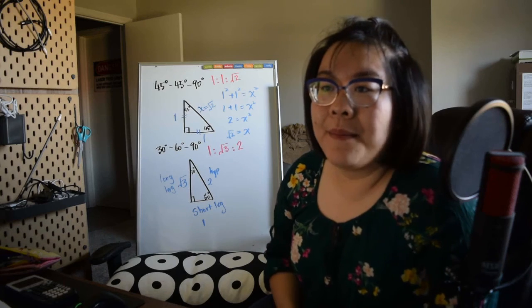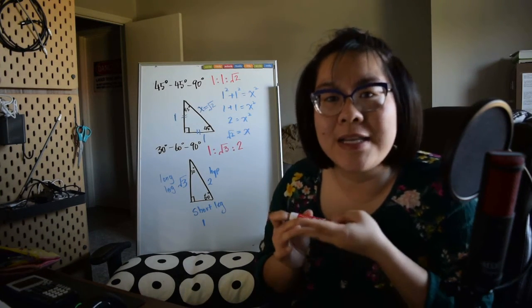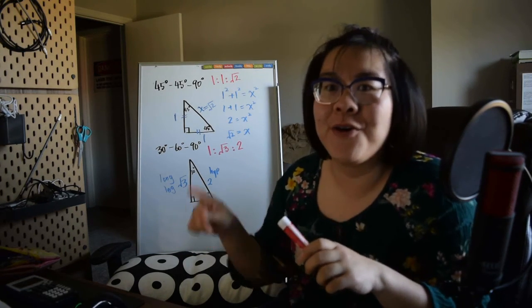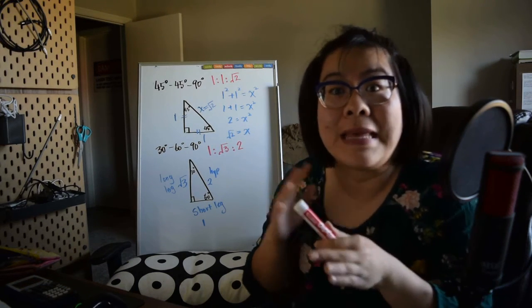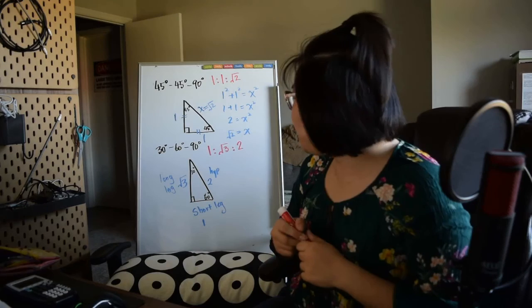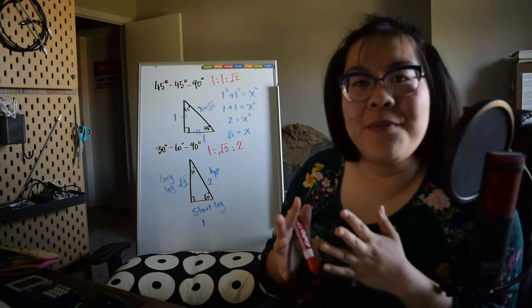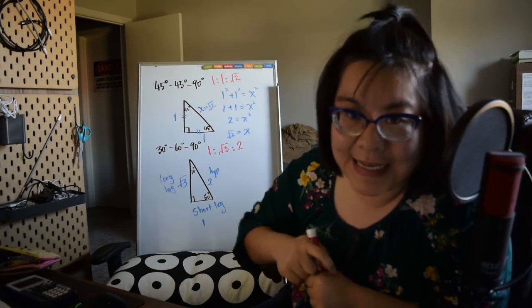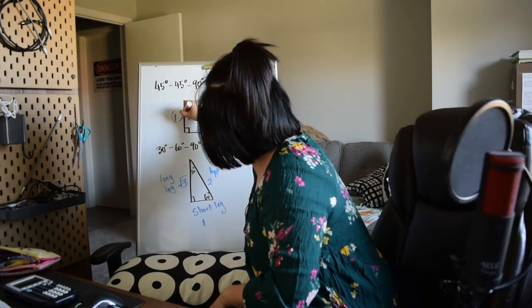A lot of times, if you don't have a very good foundation in math to understand how to use the ratio, I always use the arrow method to show students how to really calculate the side. When we use the arrow method, we always want to focus on our leg. So the first one, we want to always focus on our short leg.